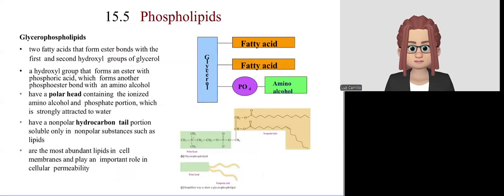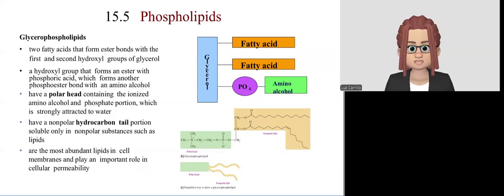Let's now move on to learn about another member of the fatty acid family, or molecule that contains fatty acids, which is known as a phospholipid. Phospholipids are very important because they are the most abundant lipid present in the cell membrane, which is the barrier that surrounds many of the cells in our body and allows things to come into the cell and to leave the cell.